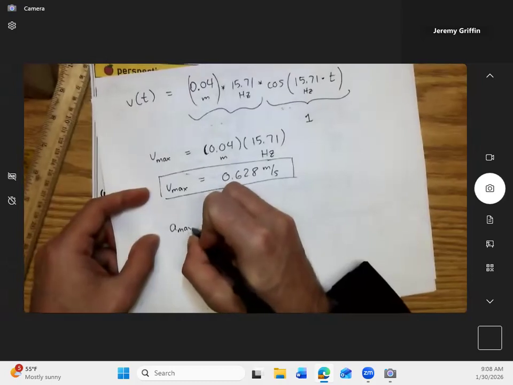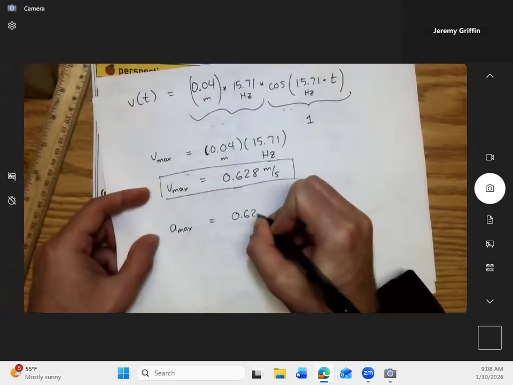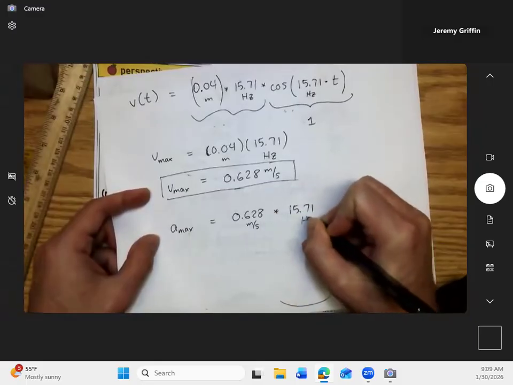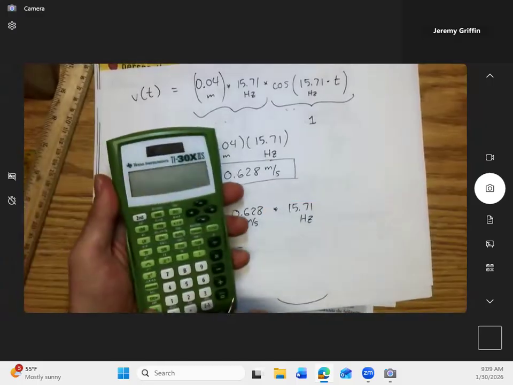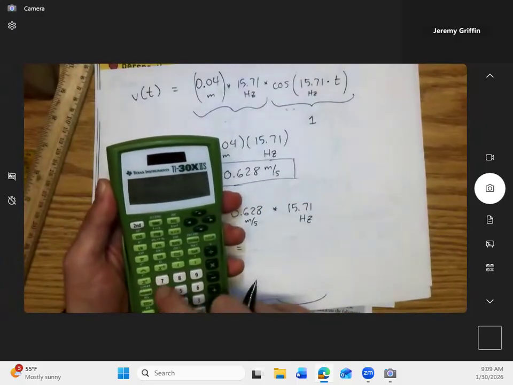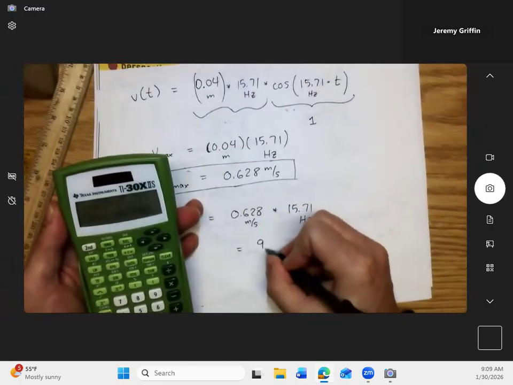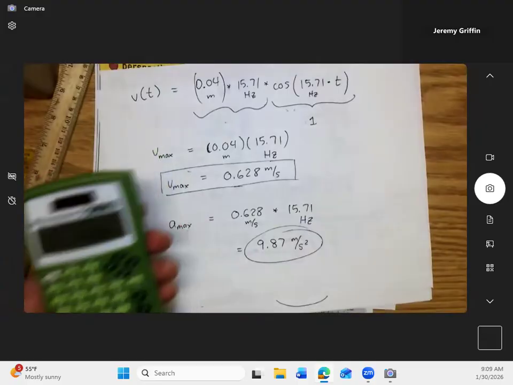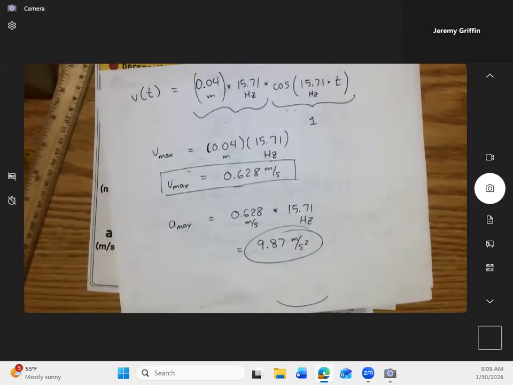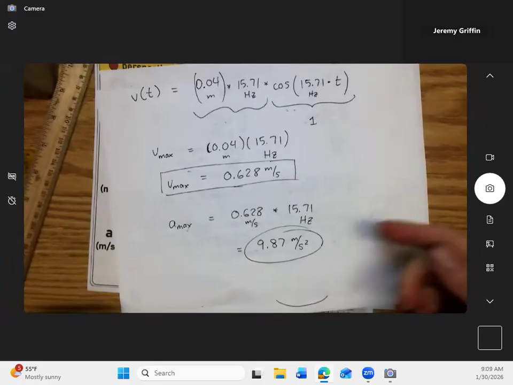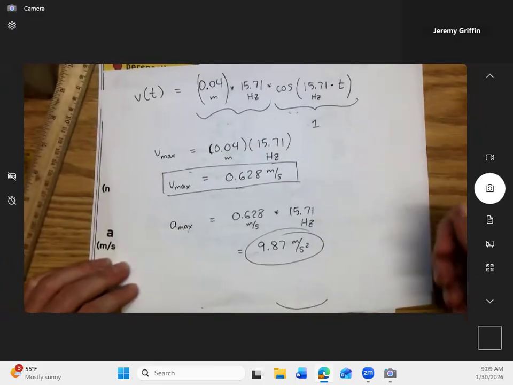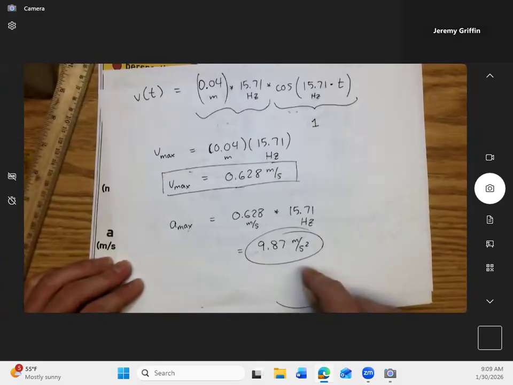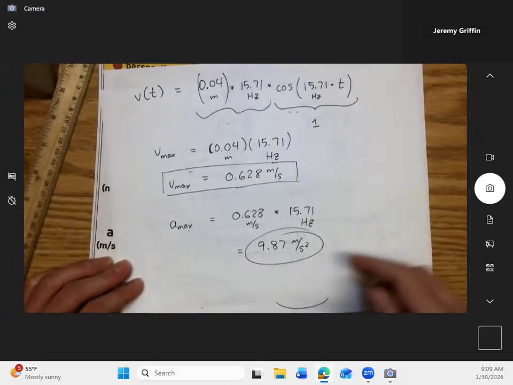A max equals 0.628 meters per second times 15.71 hertz, which is 9.87 meters per second squared. There you go. That's the answer. Because you just keep taking on another angular frequency, don't you? Oh yeah, that interestingly is pretty close to 1 g. Guess coincidentally, right?